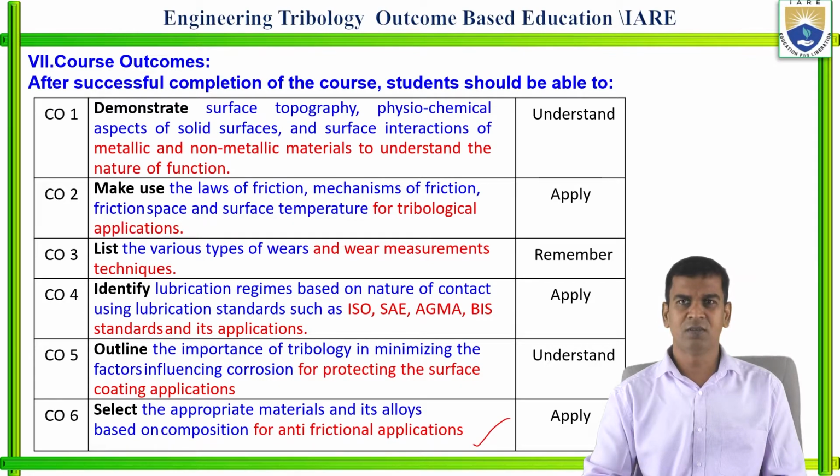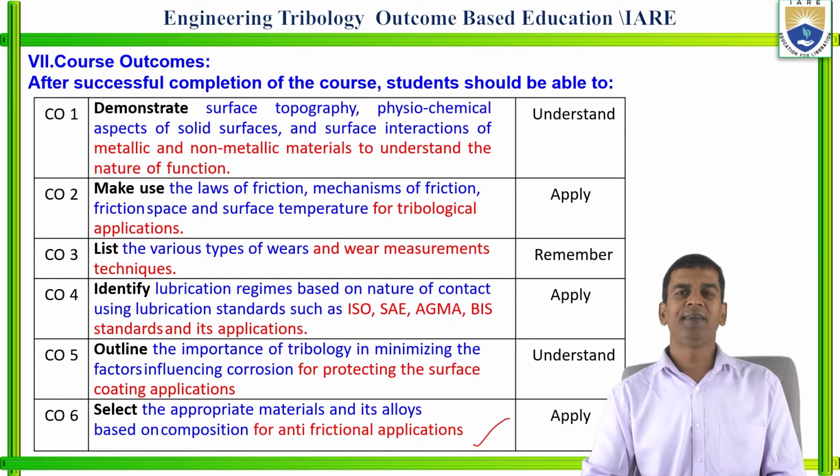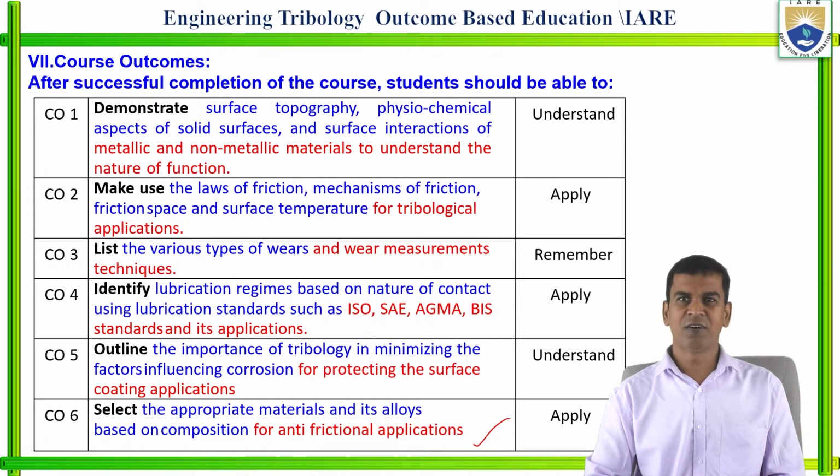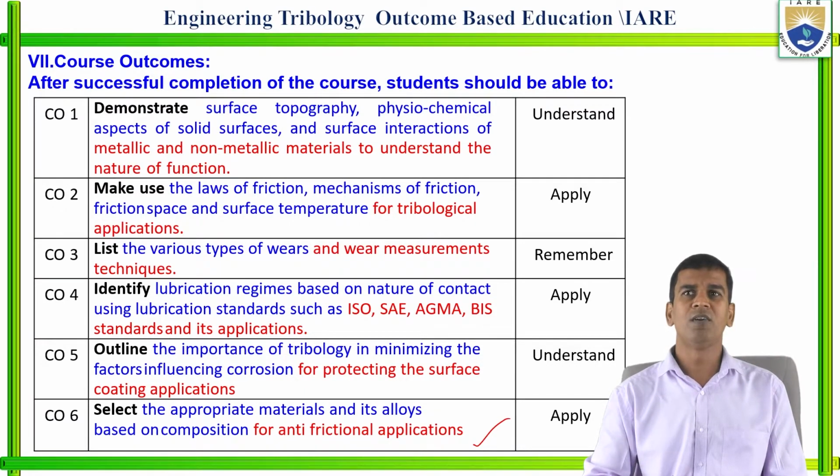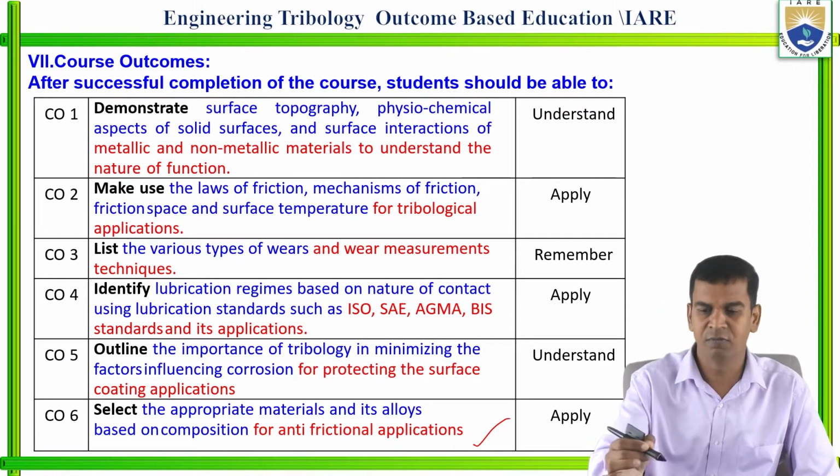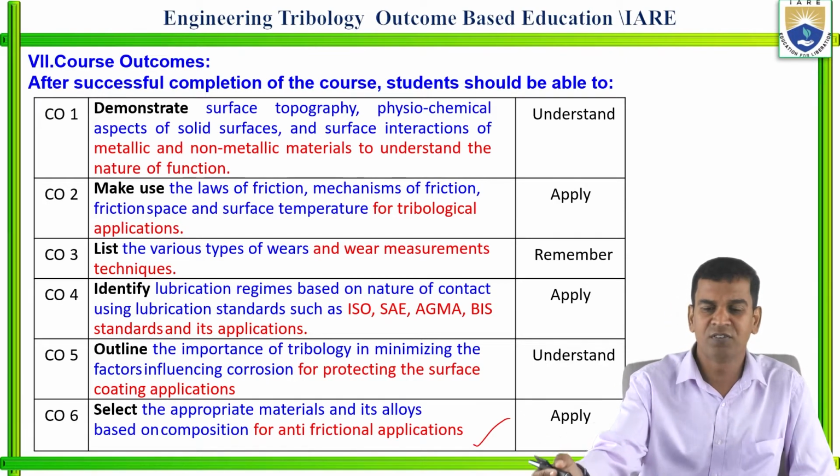In this unit, he will be studying many engineering materials like advanced alloys, copper alloys, and nickel based alloys. All these alloys will be studied by the student, and he will be able to select the appropriate material for any anti-frictional applications.